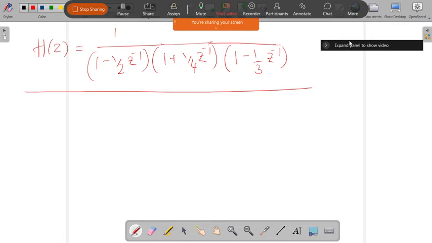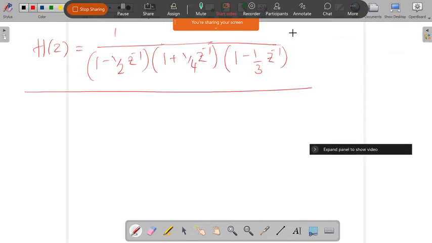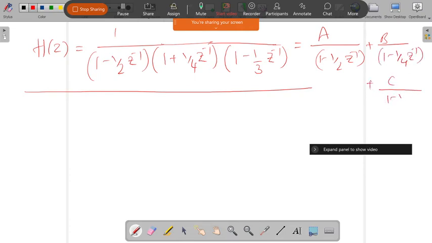So we can write this as a by 1 minus 1 by 2 z inverse plus b by 1 minus 1 by 4 z inverse plus c by 1 minus 1 by 3 z inverse.